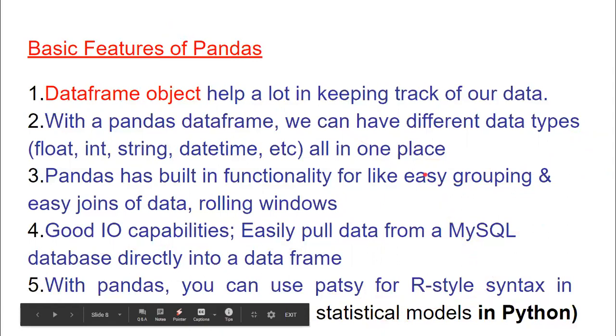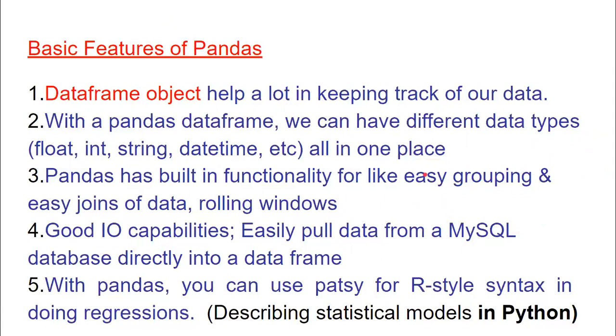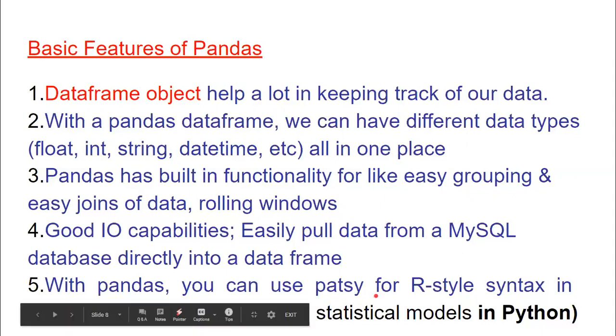Patsy means describing a statistical model in Python. If you want to represent the data in a statistical way, you can use the R-style for doing regression with Pandas in Python. So describing the statistical model in Python is called Patsy.